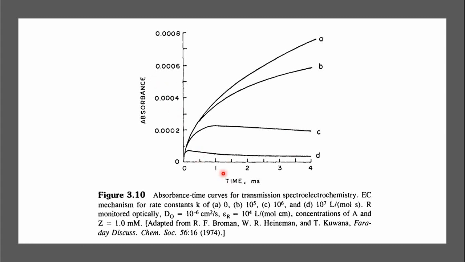Now this absorbance versus time curve clearly shows that the absorbance response is very much sensitive to the magnitude of the rate constants, which are given over here, that is 0, 10 raised to the power 5, 10 raised to the power 6 and 10 raised to the power 7 liter per mole per second. For A it is 0, then for B it is increasing, for C more, and for D it is the largest.